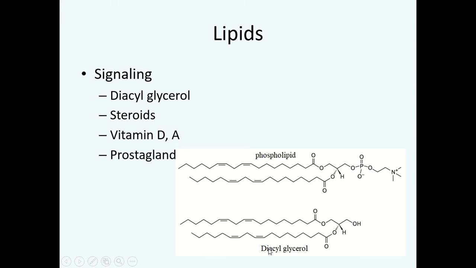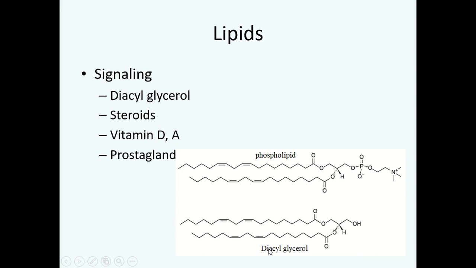Diacylglycerol in turn activates several types of protein kinases. Kinases are those enzymes which carry out the phosphorylation of proteins. They attach a phosphate group on the substrate protein. So when the formation of diacylglycerol takes place in response to a signal, diacylglycerol in turn activates protein kinase.